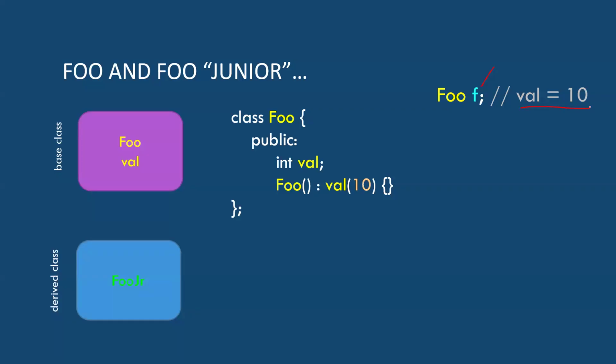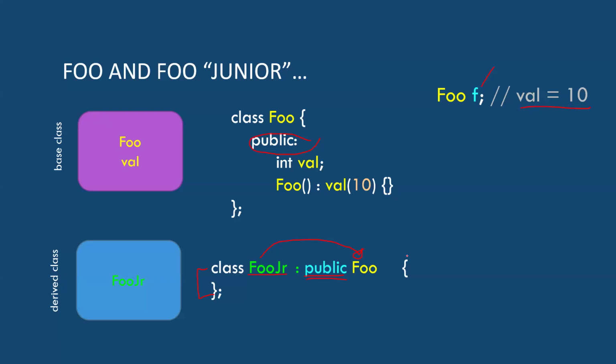Now, if I want to derive from Foo, all I have to do is put this kind of secret colon public Foo in there. So that basically says, that's my ancestor. I am from Foo, right? But my class name is called FooJunior. So if I only do that, and this is called the inheritance mode, notice it's different than this public here.